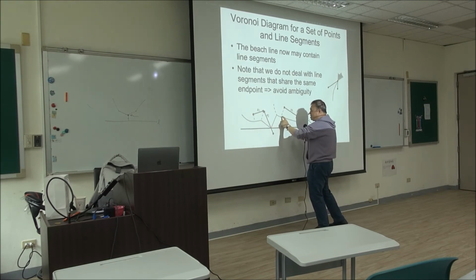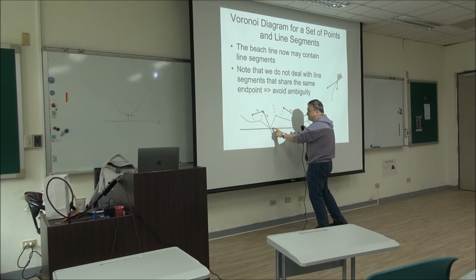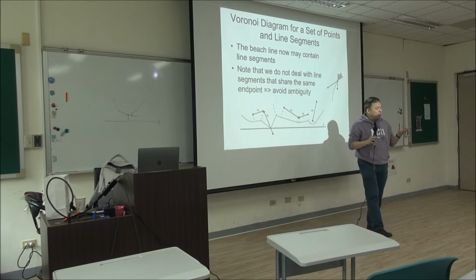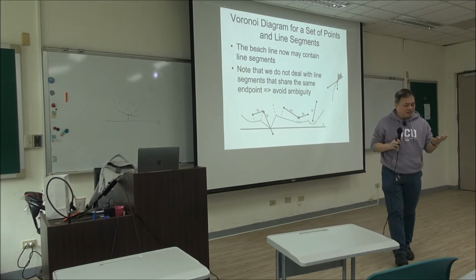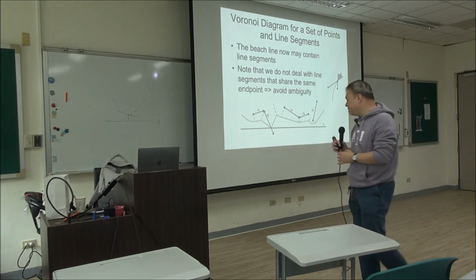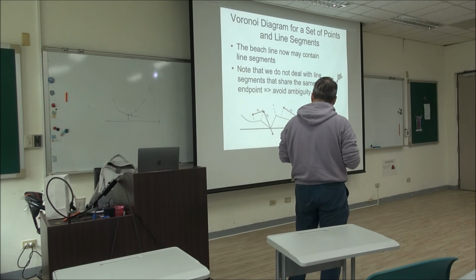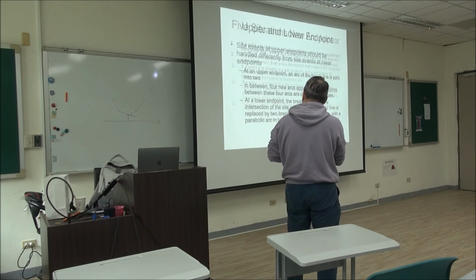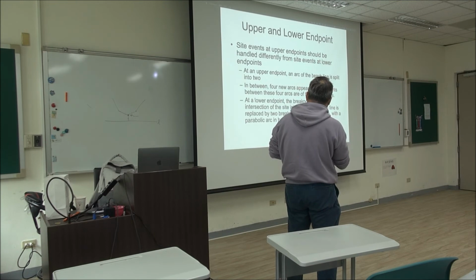Okay, you should have this, and this. Which will create actually 4 separate arcs, and that's what we meant here. 4 new arcs appear, and the breakpoints between those 4 arcs are of the last 2 types.